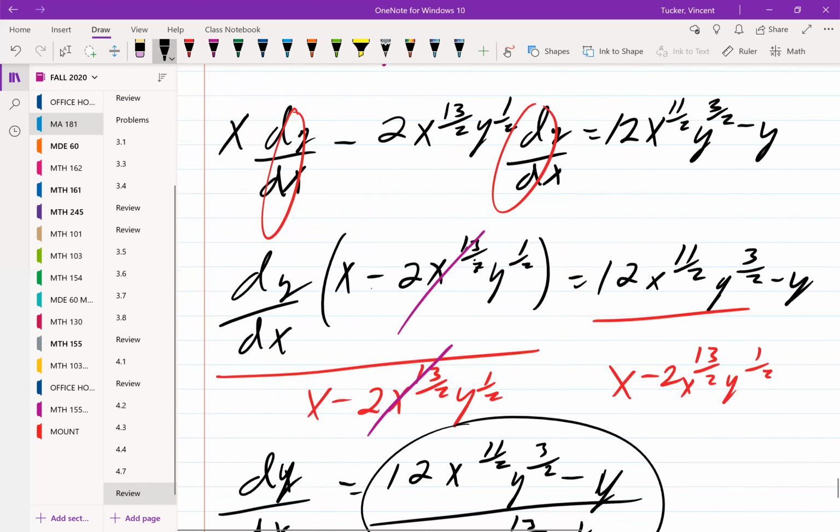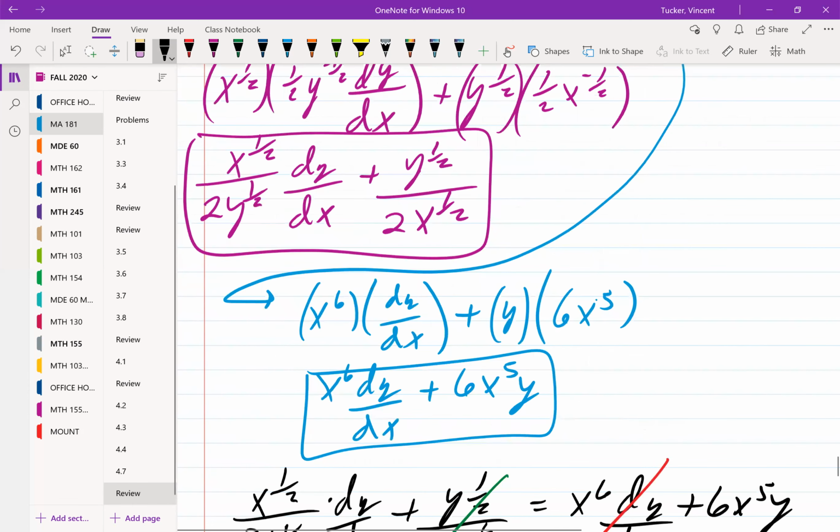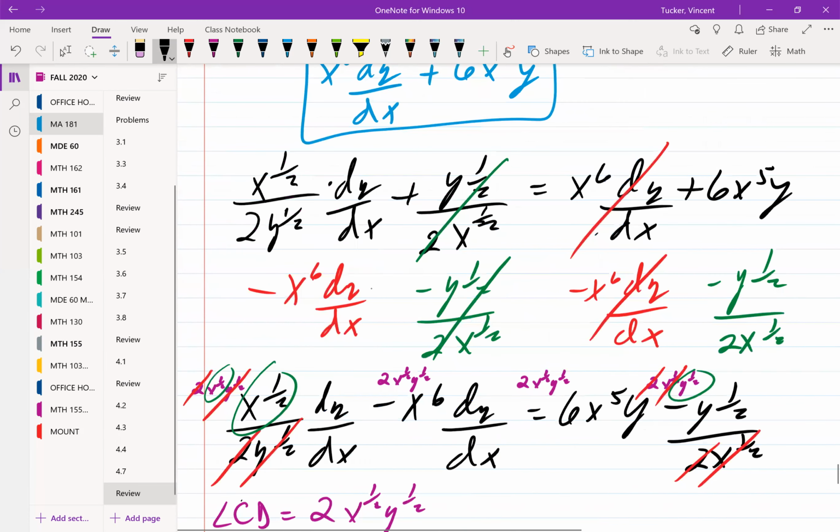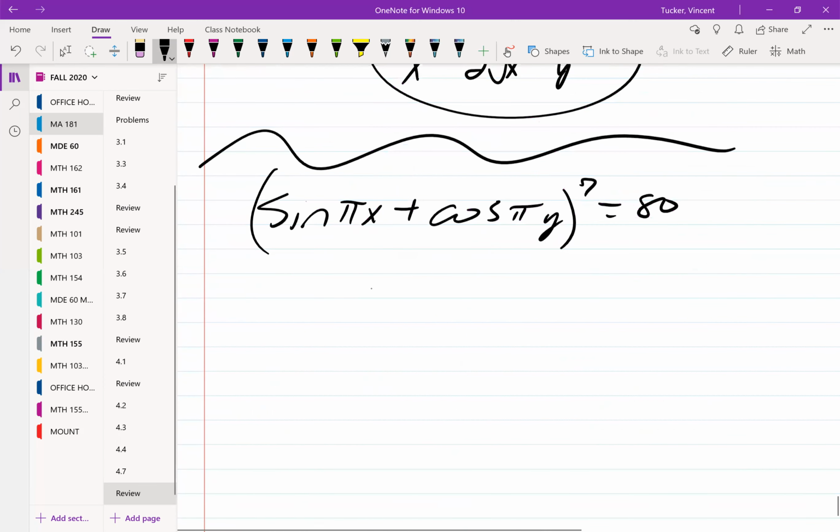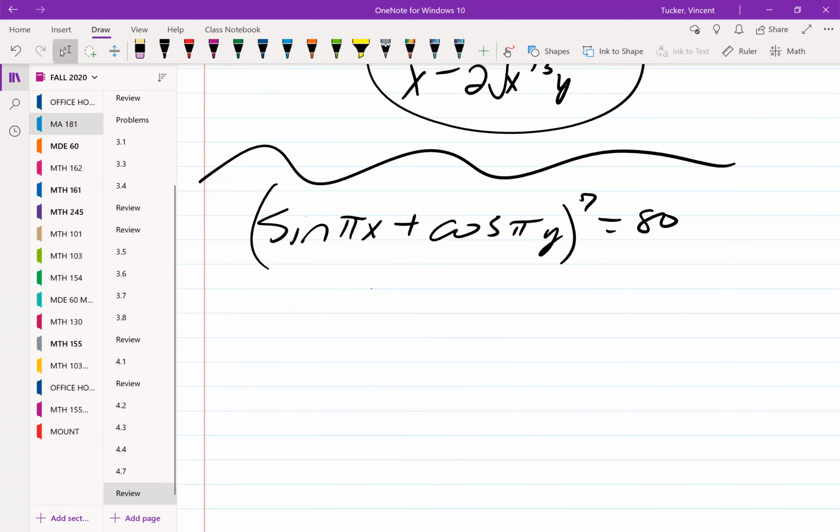Let me see one thing. Go back to. All right, so we want to derive this implicitly once again. So taking derivative of both sides with respect to x, derivative of 8 is going to be 0.